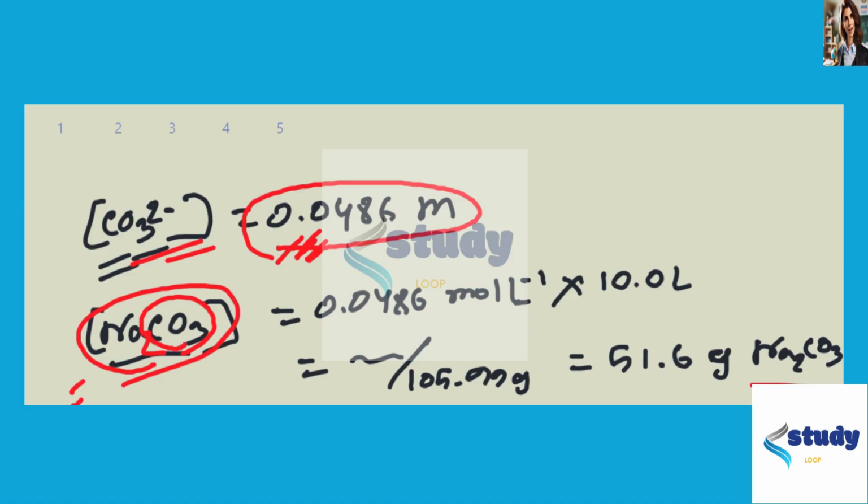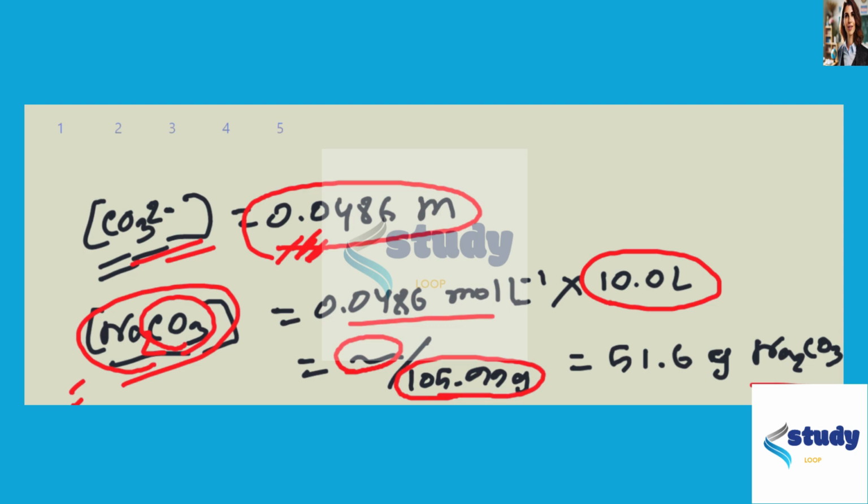Then if we multiply this by the volume of the solution, we get the number of moles of sodium carbonate. And if we divide that by the molar mass of sodium carbonate, we get the mass of sodium carbonate that we need to add to 10-liter water to remove 90% of the calcium and magnesium ions.